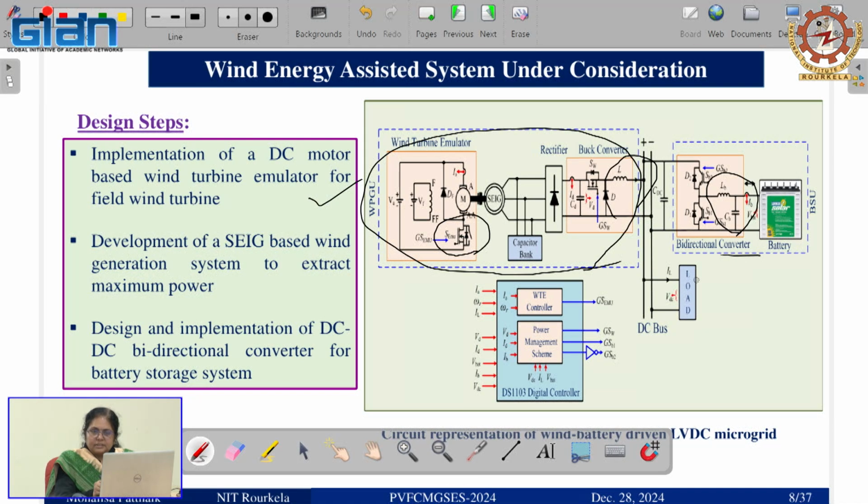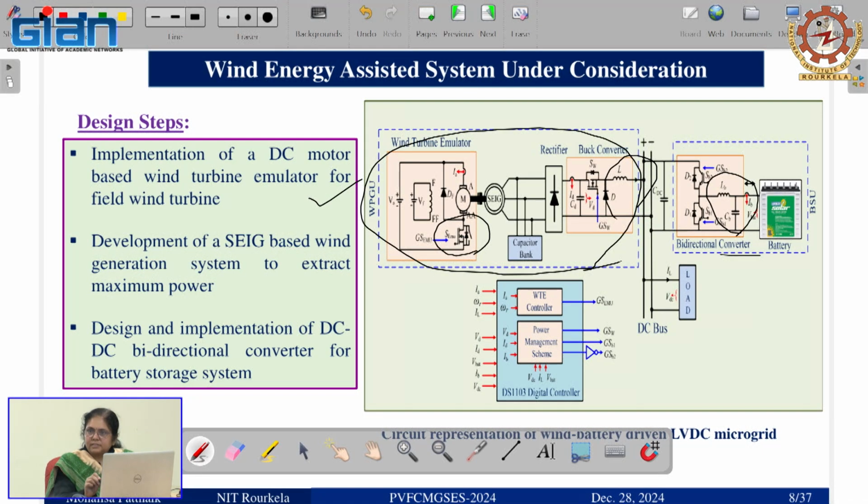Okay, so this is a year-long work, so obviously, because of the time constraint, I have to skip some parts. I am not going into the detail of how we are doing MPPT, but overall, just understand that MPPT is extracting maximum power, whether it is a wind system, a PV system, or a fuel cell system.